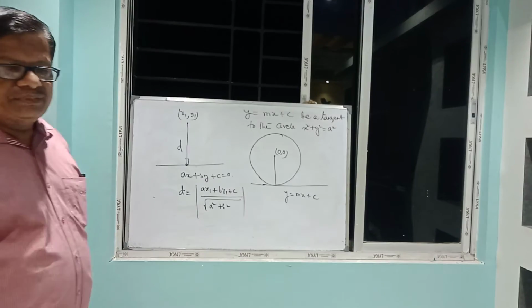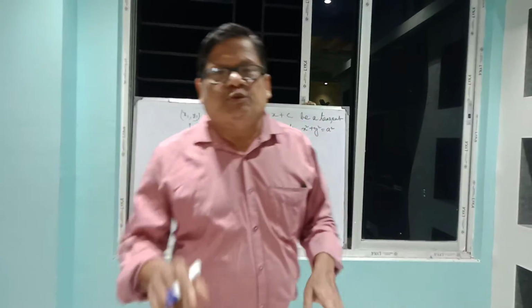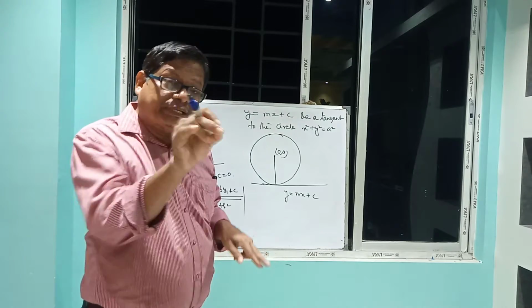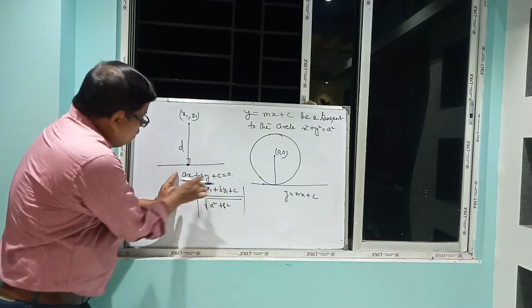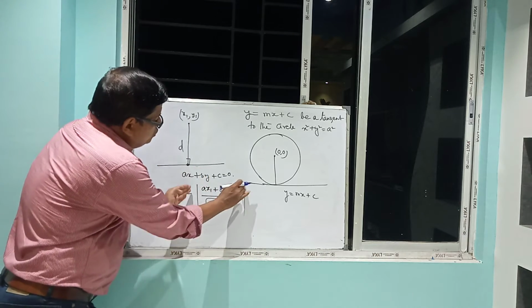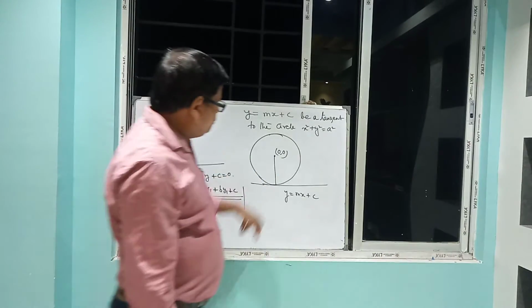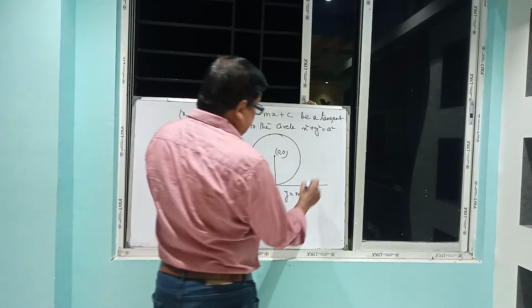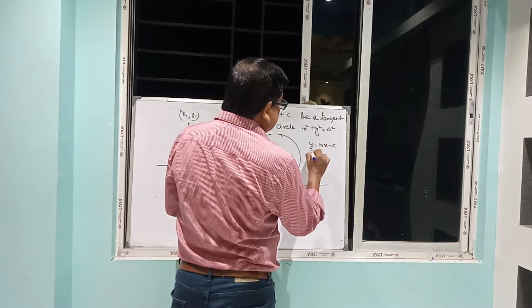Keep in mind, the distance from any point to the straight line: whatever point is given, just put the values x1 and y1 in ax1 plus by1 plus c by root under a square plus b square. Similarly, the distance from the origin to the line. We can write this line as y minus mx minus c equal to 0.